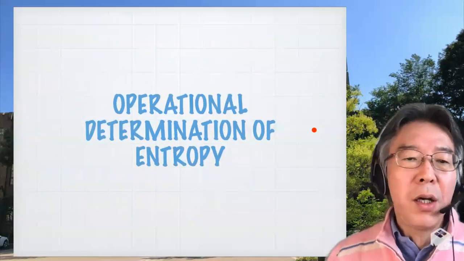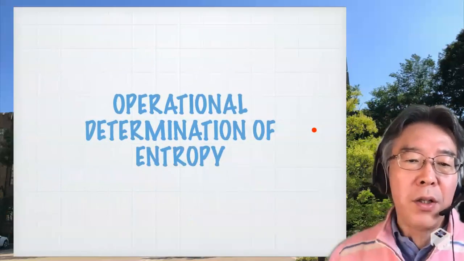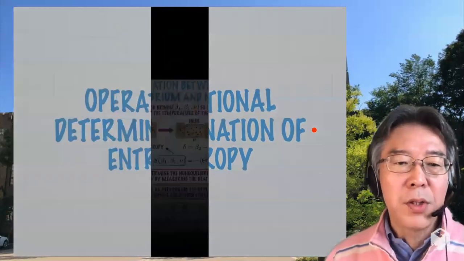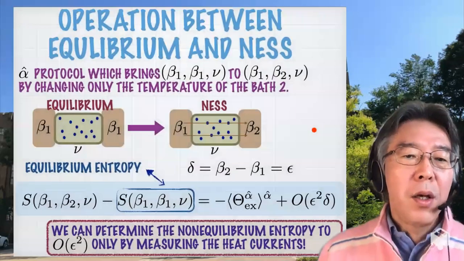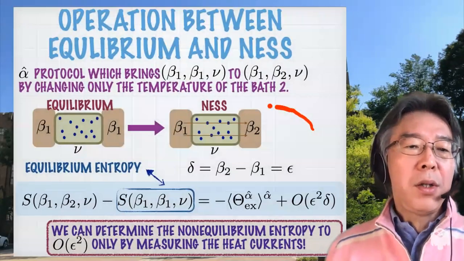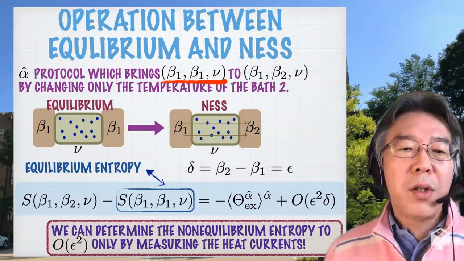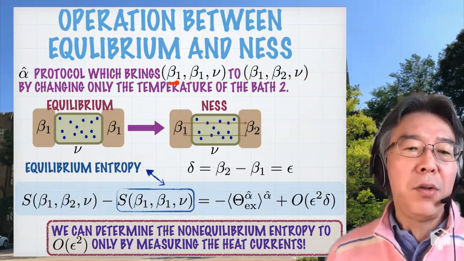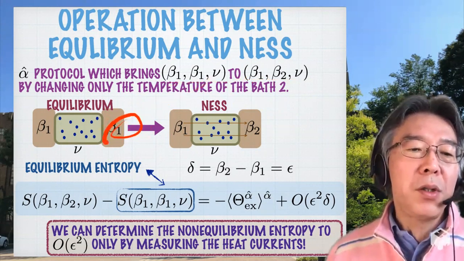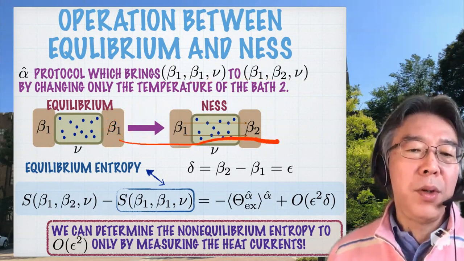Now with this, we can think about operationally determining the entropies of NESS. So first of all, let's think about an operation which brings equilibrium state into a non-equilibrium state like this. So to realize this, you simply fix beta 1 and nu and only change the temperature of this right heat bath from beta 1 to beta 2.